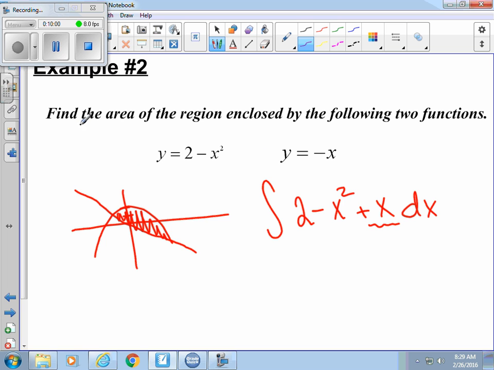Set the two functions equal to each other. 2 minus x squared equals negative x. X squared minus x minus 2 factors as x minus 2 and x plus 1. So negative 1 to 2.